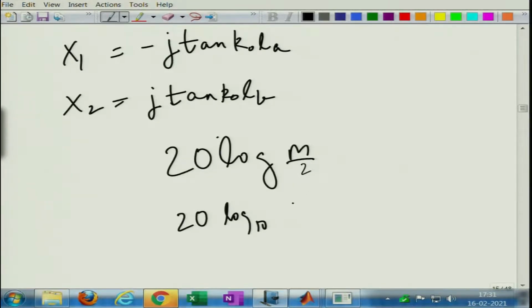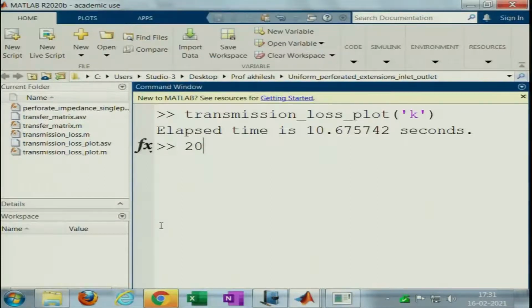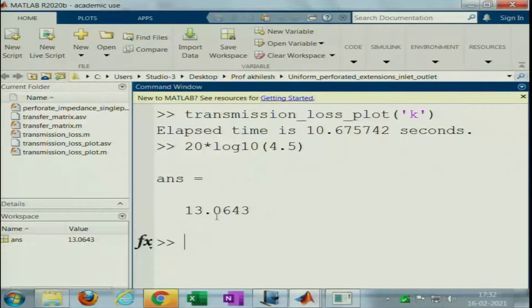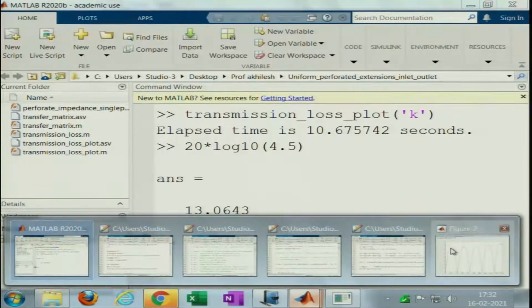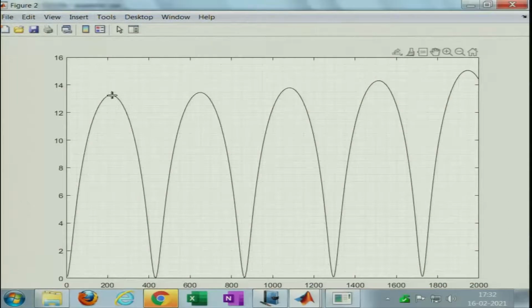So, this would become 3 squared, that is 9, and this will become 4.5, and if we ask Matlab to help us with the computation, we will get 10 log 4.5, so 13.06 for a simple expansion chamber. And what are we getting here? We are getting 13.27, very close to that, because the perforate impedance has a certain value.